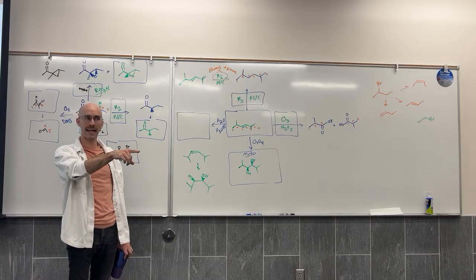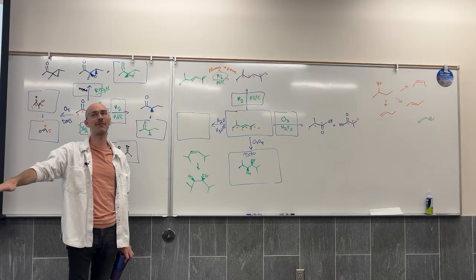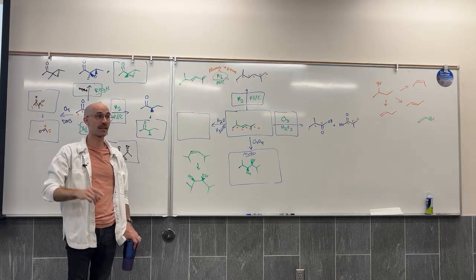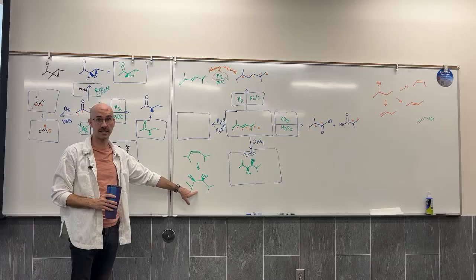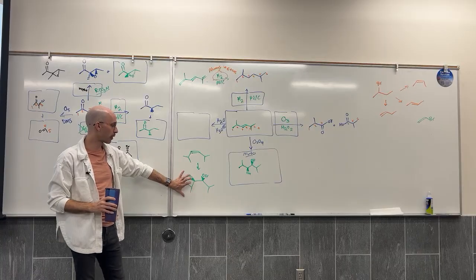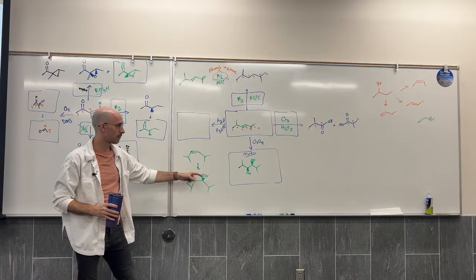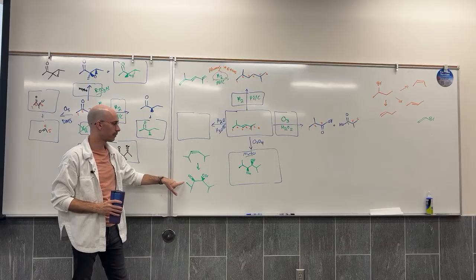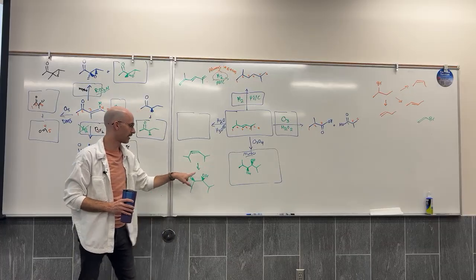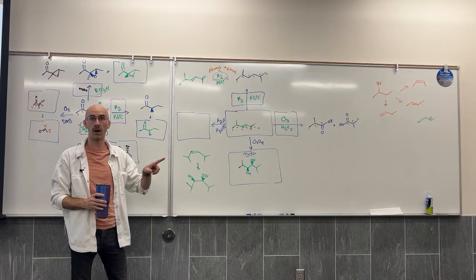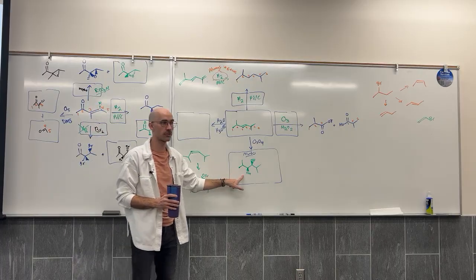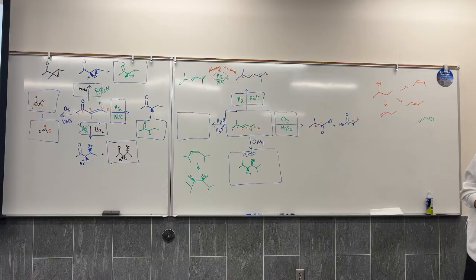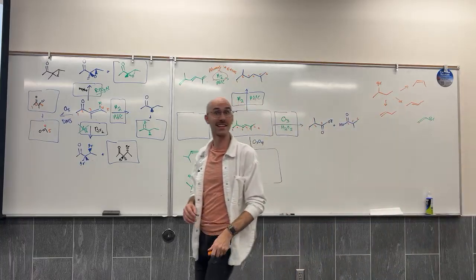It will look anti, but it's not about how it looks. It's about how it formed. And it formed syn. So if I rotate this around, my carbon chain will agree but I'll have a wedged OH and then a dashed OH. So how are these two structures related? What's their relationship? They're diastereomers.